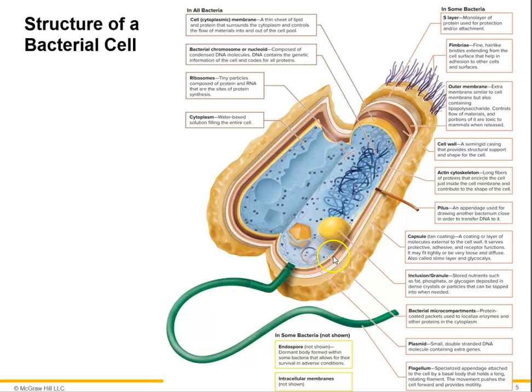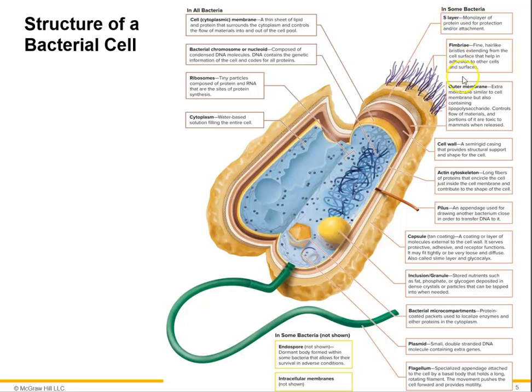Okay, so this figure, there's a little bit to this figure that I want to explain. It's showing essentially every possible structure that can be on a bacterial cell. So here you have what's found in all bacteria: the cell membrane, the chromosome, the ribosomes, and the cytoplasm.